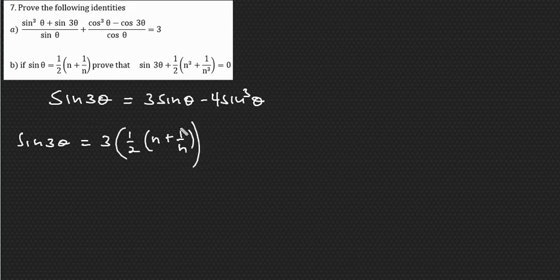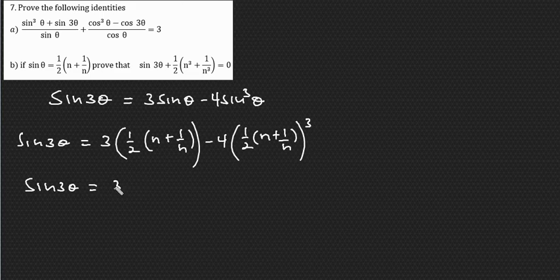Minus 4, then this is also going to be a half into n plus 1 over n, then power 3. So from here, let me expand this bracket. This is 3 over 2 times n. So sine 3 theta is going to be 3n over 2. Then this is 3 over 2 times 1 over n, which will be 3 over 2n.